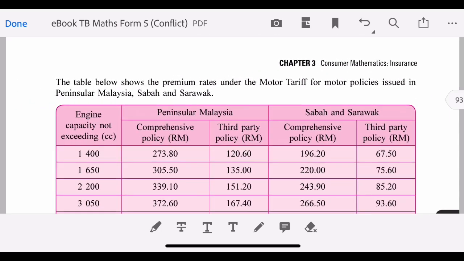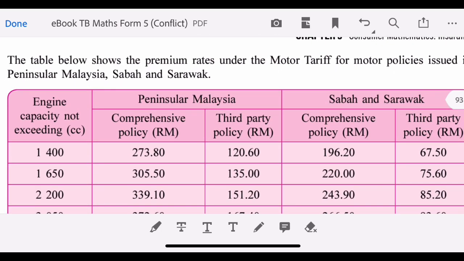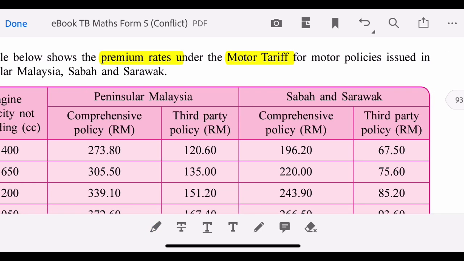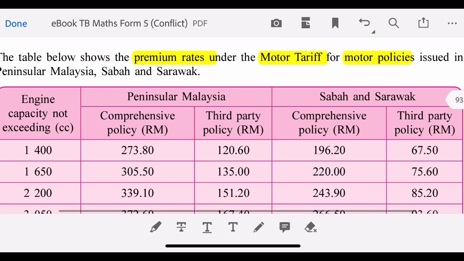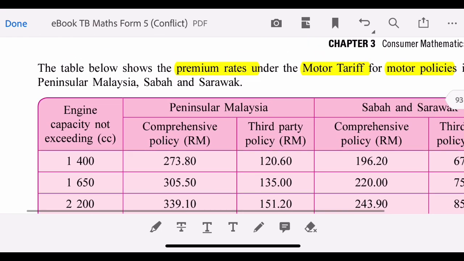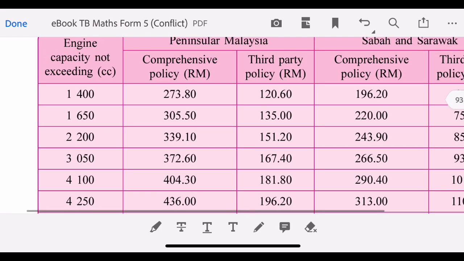So let's go through the table below. It shows the premium rate under motor tariff for motor policies issued in Peninsular Malaysia, Sabah and Sarawak.